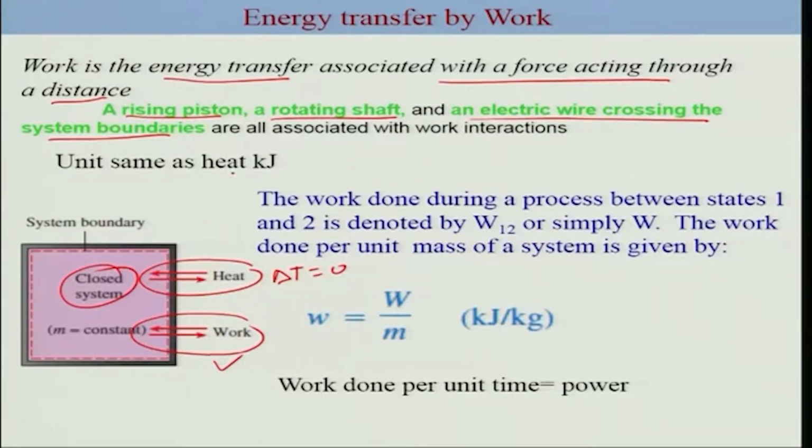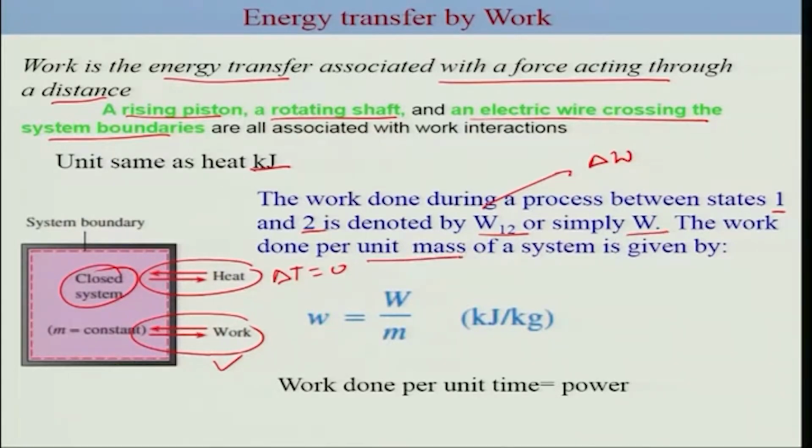The unit is the same as that of heat, that is kilojoules, and the work during a process between 1 and 2 is referred to as W12. So it is not referred to as delta W, and we will discuss this part in a subsequent slide. We'll simply refer to the work of the process between state 1 and 2 as simply W.